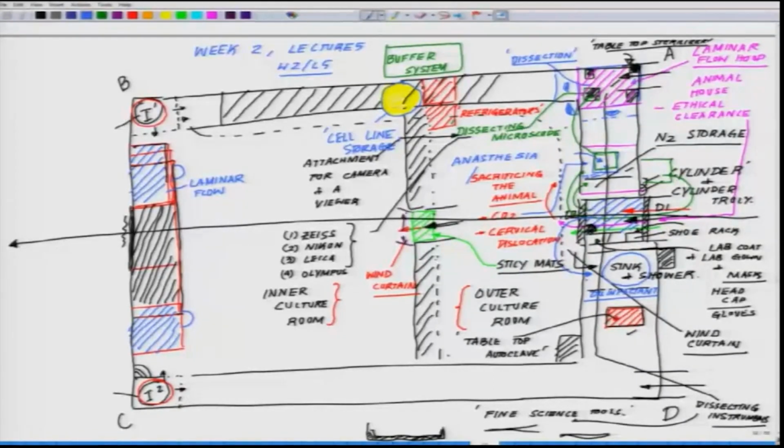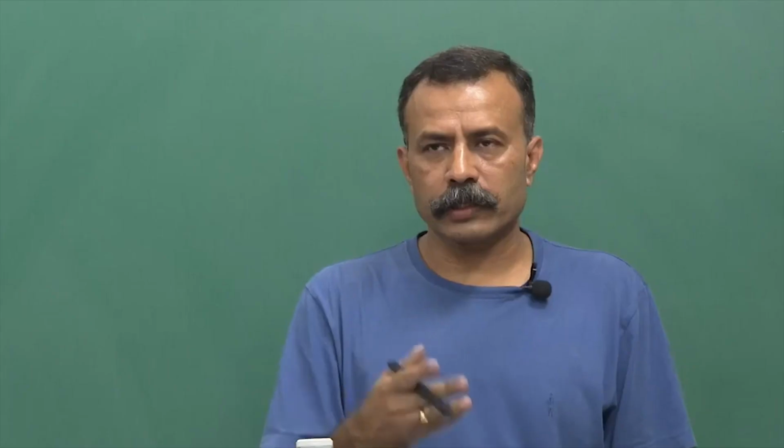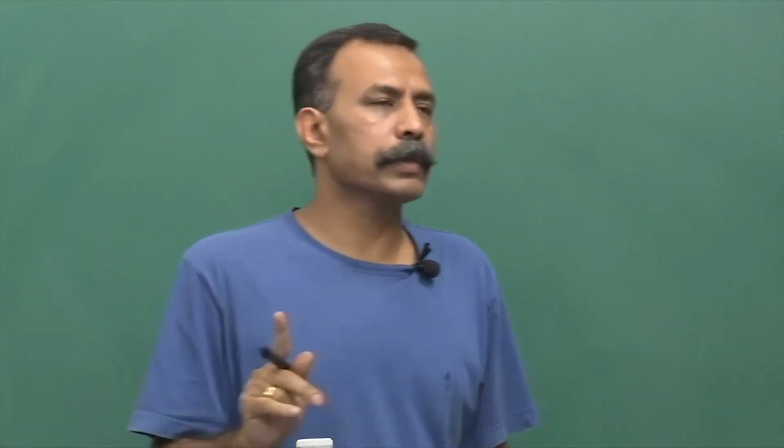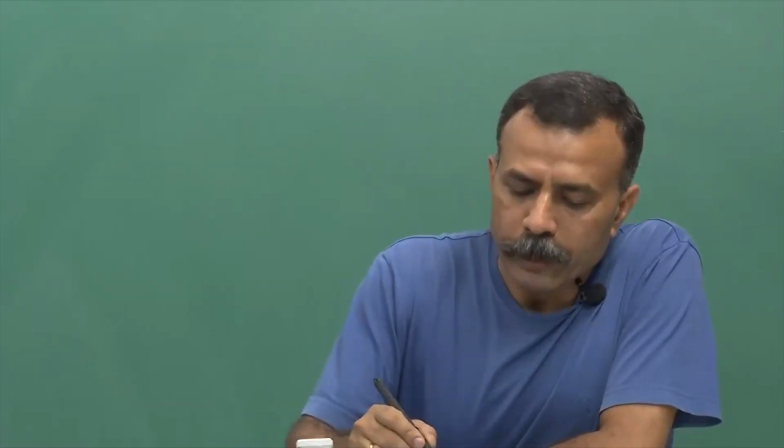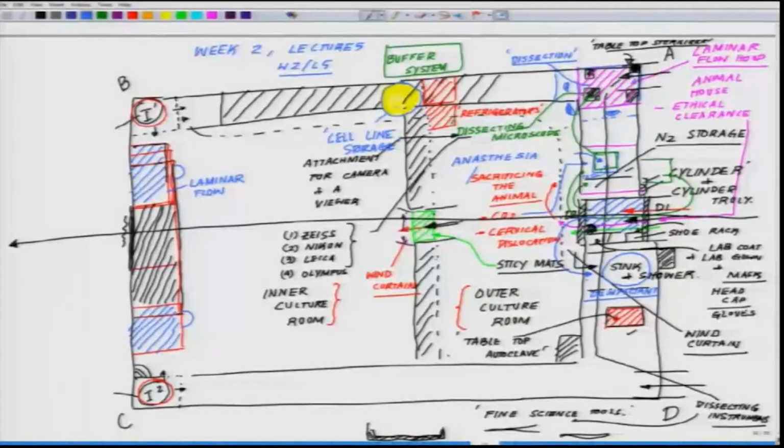Now whether you are doing a cell line culture or a primary culture, one thing is very critical: you have to observe the cells as you are passaging the cell or plating the cell. You need to observe the cells time and again. So you have to have a microscope, and going by the same logic, prefer something which is not coming in the direct way, because you are viewing the cells, so it should not come in this way.